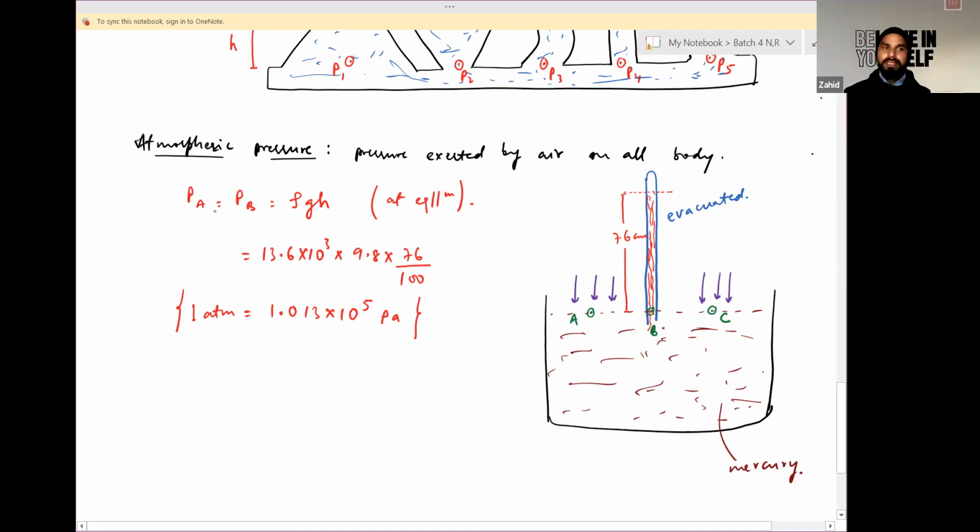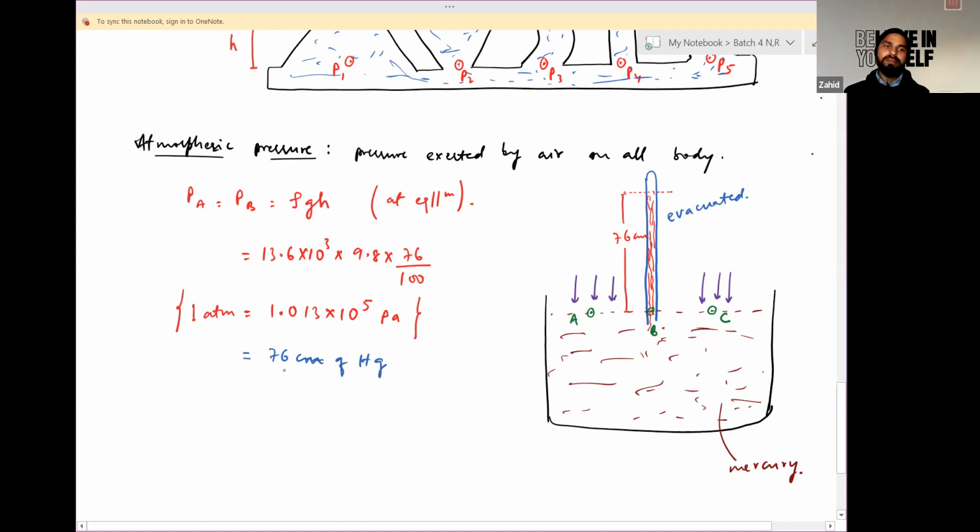So the pressure at these two points will be equal at equilibrium, from which we have calculated atmospheric pressure, 1 atm, which is also equivalent to 76 centimeter of Hg.